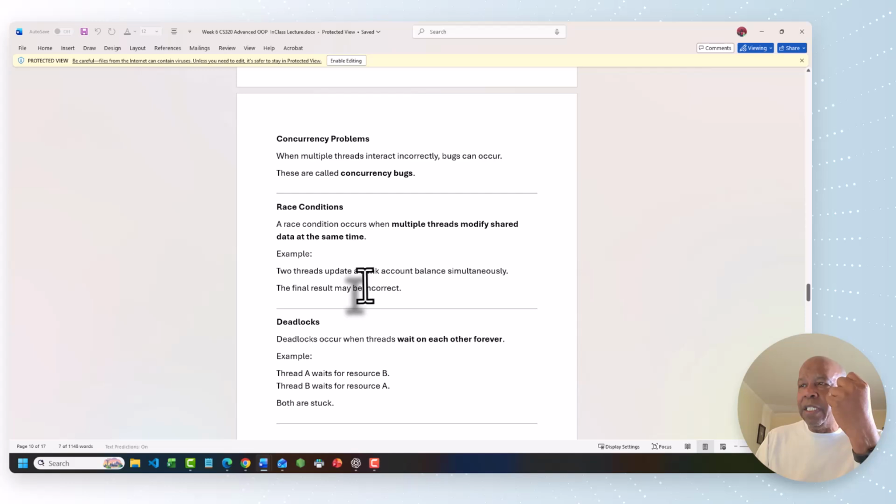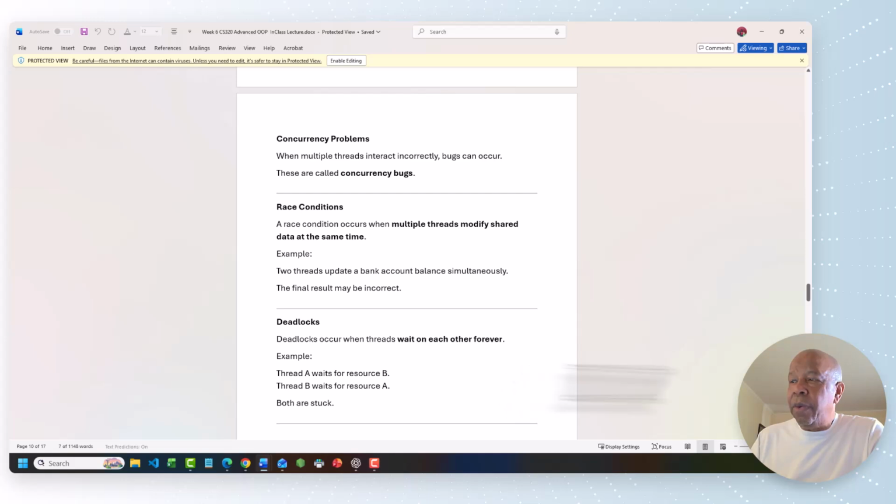The example we've been giving is counter plus plus. Two threads update a bank account balance simultaneously. If we don't have coordination, what's actually in your account could be incorrect if I'm having two threads updating that bank account at the same time.